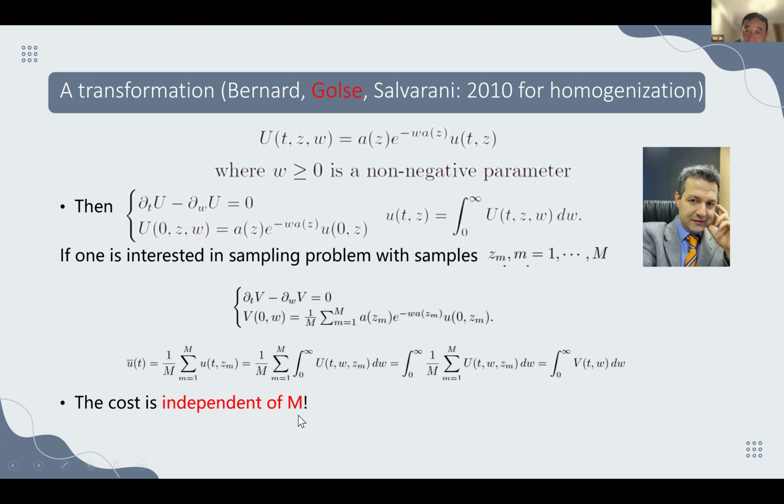The cost is independent of the number of samples. You can do Monte Carlo this way for a classical computer, but now going to high dimension, we can do that.